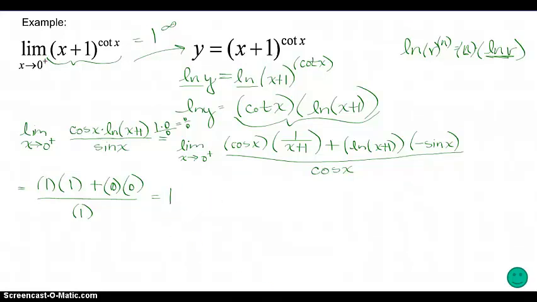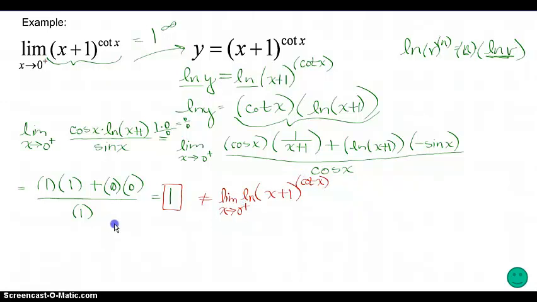We're not done yet. I want you to notice that this is not the limit. This does not equal the limit as x approaches 0 from the right of x plus 1 to the cotangent of x. What it is, is the limit of the natural log of that.